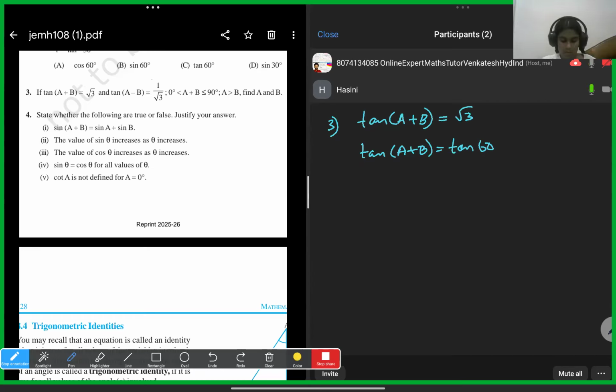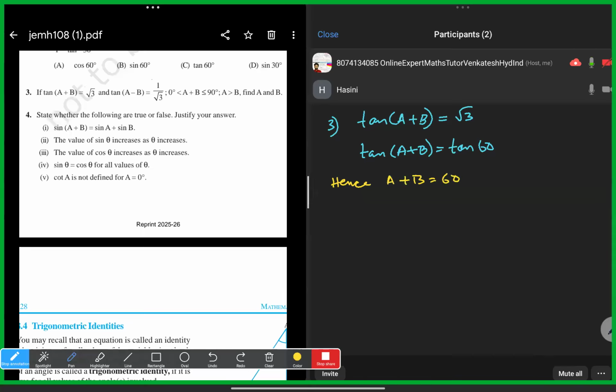But what we can do, hence, we can write a plus b value should be equal to 60 degree. Then only both of those will be equal. Because in this place, if 60 degree is there, then only we will say it as an equation. As an equation means whatever LHS is there, the same should be there RHS. So in the place of a plus b, 60 should be there. We should not cut like that. So write a plus b is equal to 60.